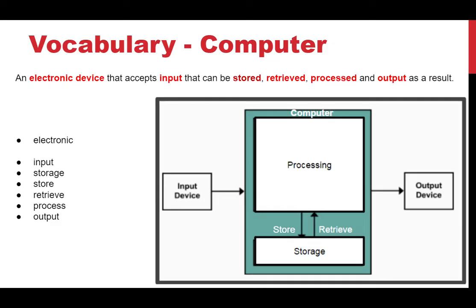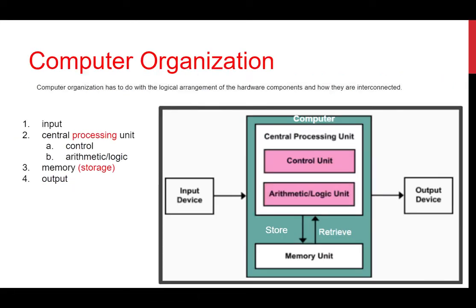We've got an input device here, an output device over here. But unlike the previous picture, we've got a little bit more of the magic revealed here. Inside of the computer, there's actually some processing happening, and there's some storage that's required, and the processing can store things and retrieve things from storage. That gets us a little closer, but let's go a little bit deeper.